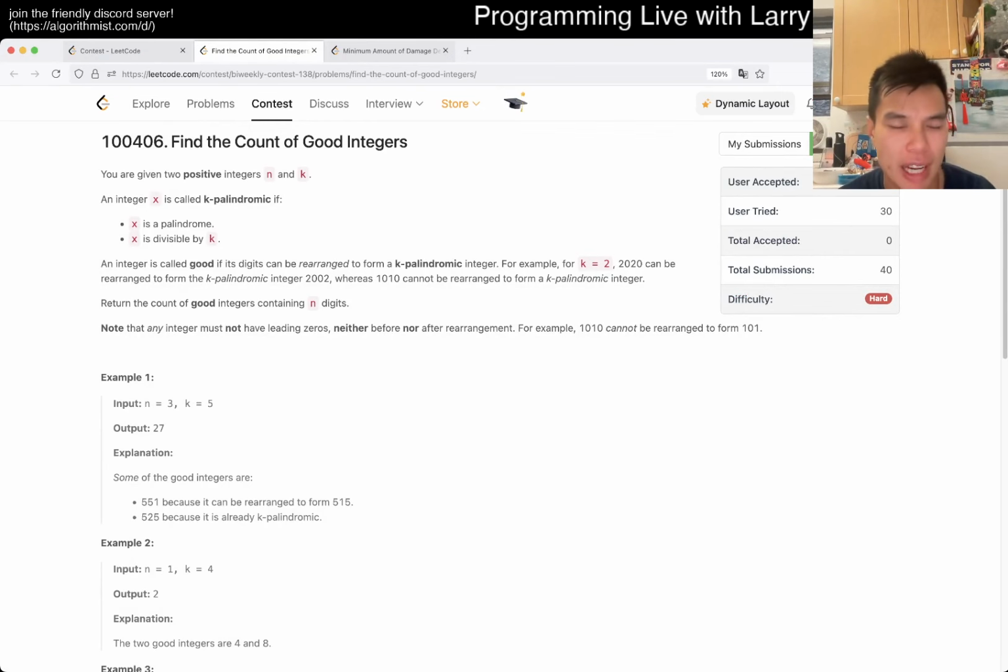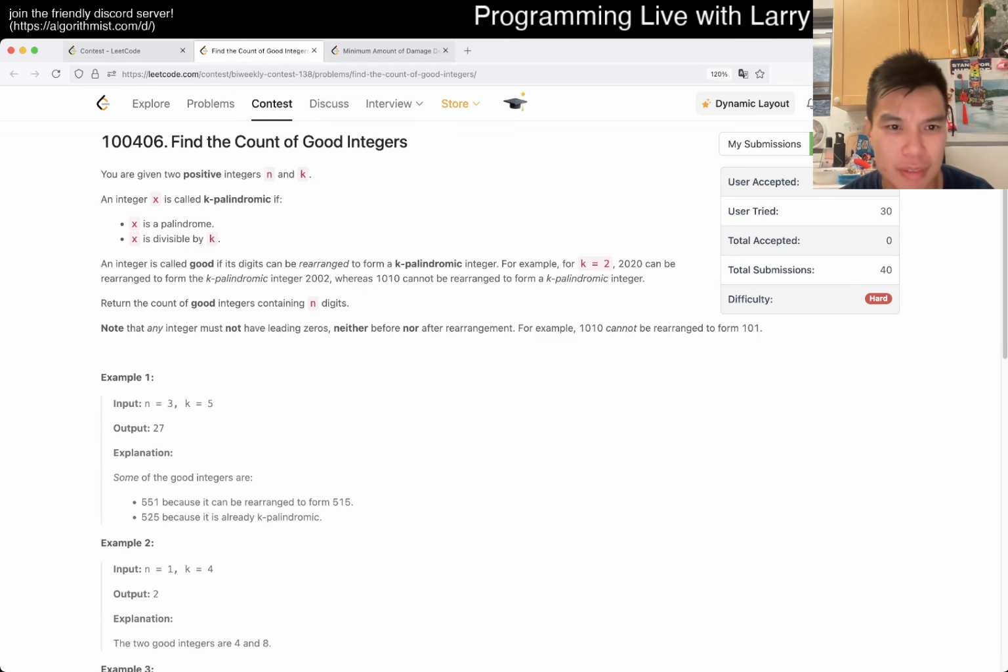Two positive integers n and k. x is a k-palindromic integer if x is a palindrome and x is divisible by k. Okay. What is the output? If k is equal to 2, what is k?